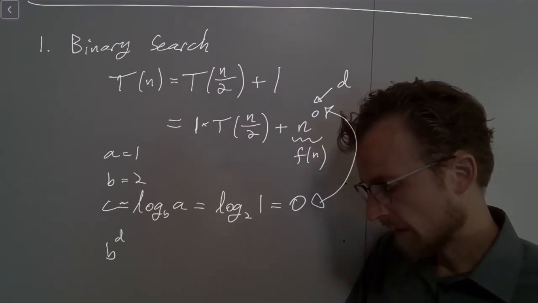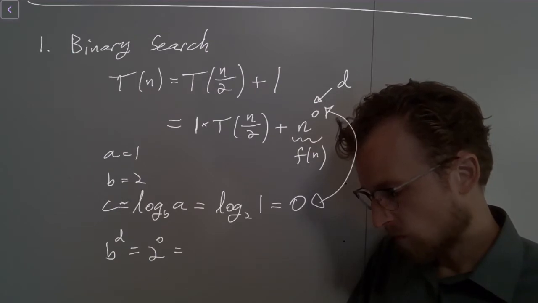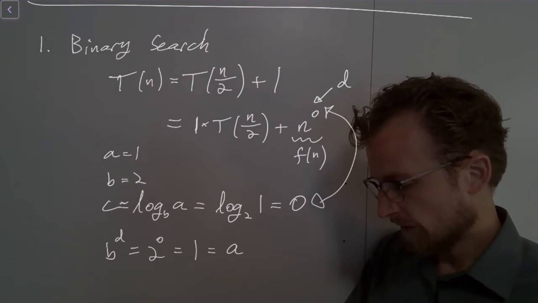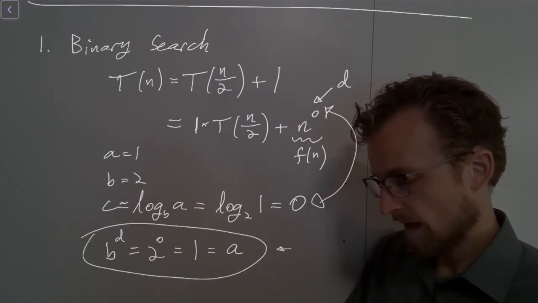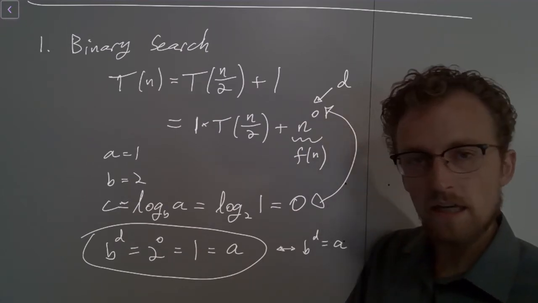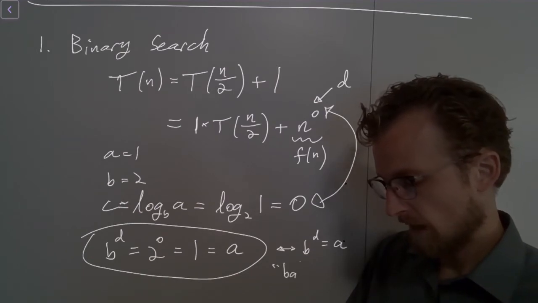So what is b to the d? b to the d is 2 to the power of 0, which is 1, which happens to equal a. So if b to the d equals a, then this is exactly the balanced case.